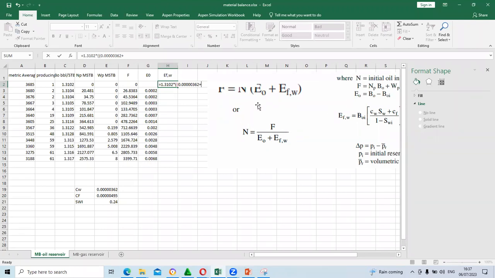I have CW times SW, which is 0.24 plus I have my CF 0.12345. I close this, divided by what I have down, which is 1 minus SW. 1 minus 0.24 will give us 0.76. So I'll just have divided by 0.76.